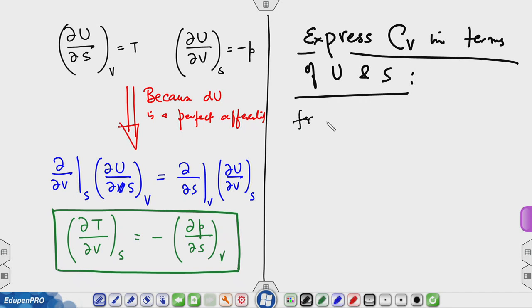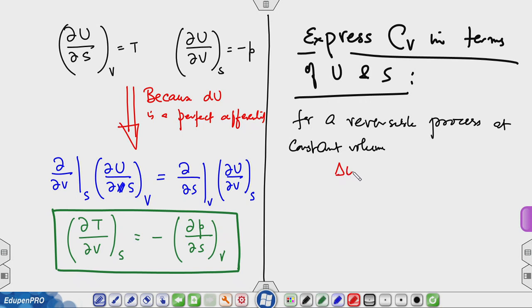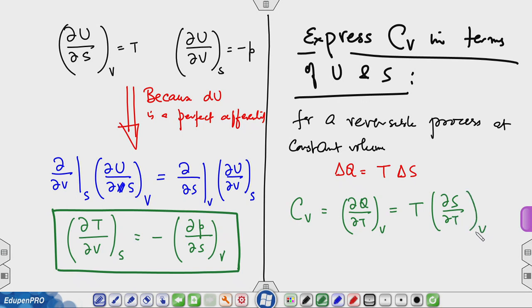Now, for a reversible process at constant volume, we have delta Q equals T delta S. So, Cv, which is partial Q with respect to partial T at constant volume, is equal to T partial S with respect to partial T at constant volume.